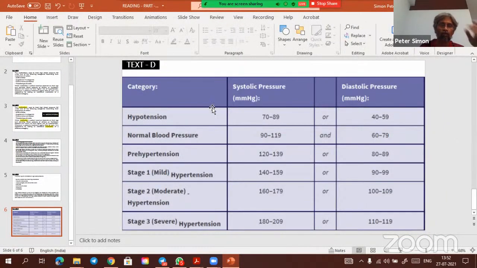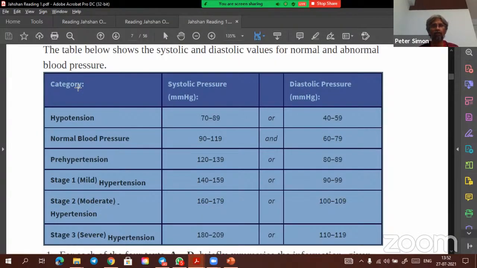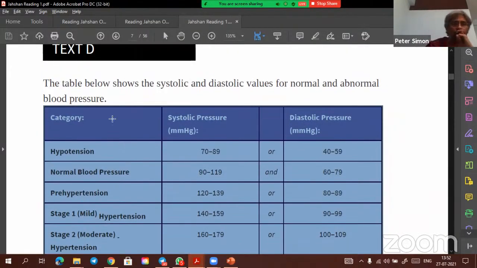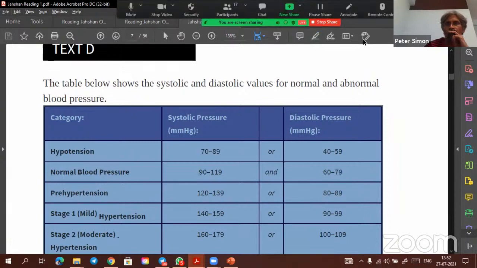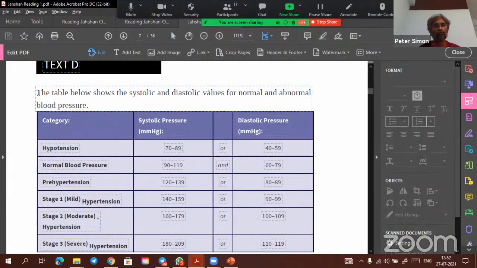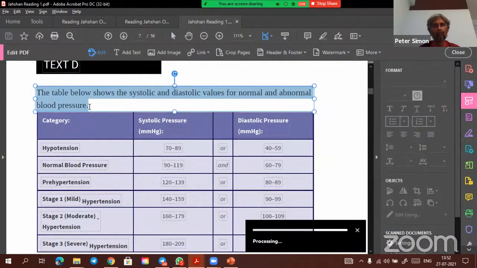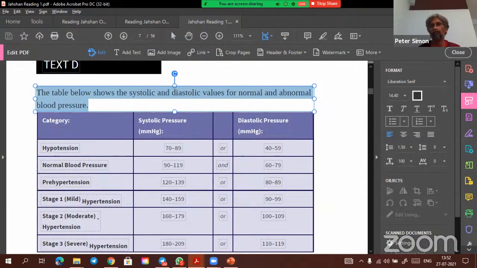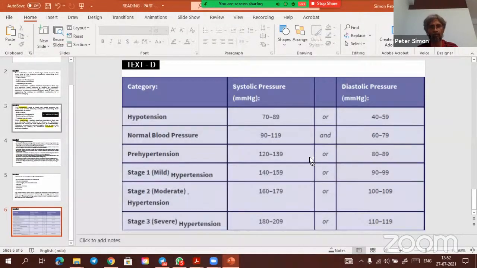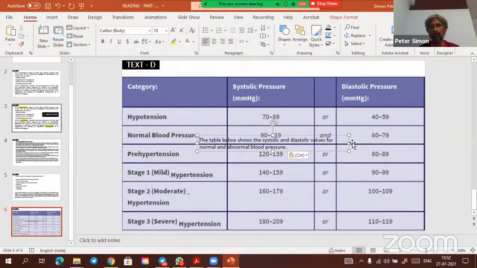Okay, that's very clear. Now we have the table. Now there is something more to it. What is that? The table below shows this one is missing. Only that part is missing. I'll take that now. Right, now I have taken that one.